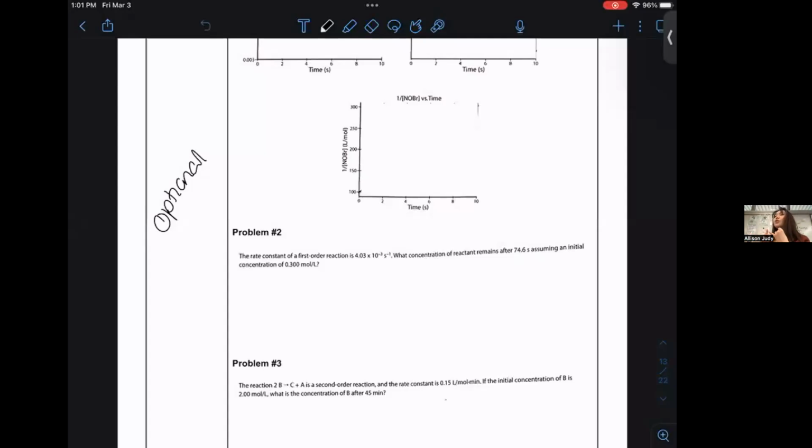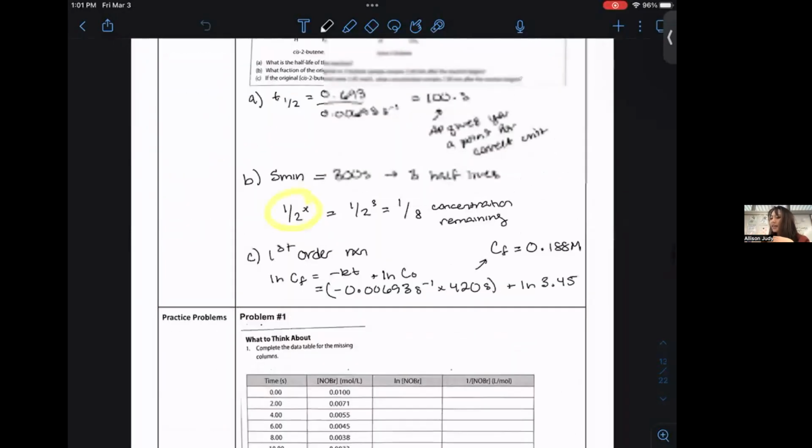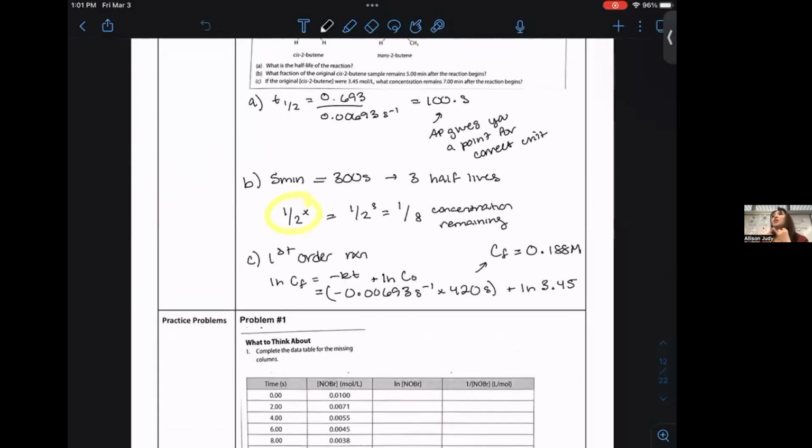And then we also introduced at the end a very specific type of first order reaction, which was half-life. The big idea behind half-life that you're expected to understand is, can you use the equation given on the equation sheet where you relate half-life and the rate? Could you do the 1/2 raised to the power of how many half-lives to predict what fraction of the original concentration is left?